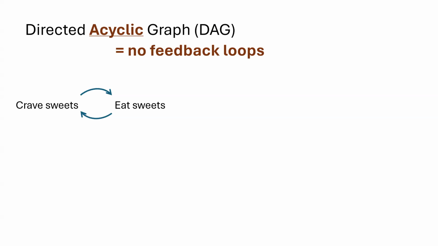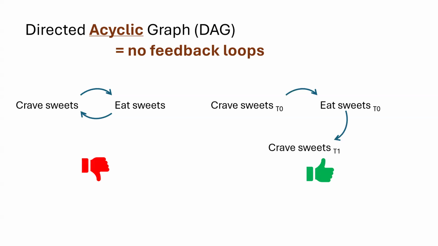But if we have this sort of feedback loop in a system, we could model it in an acyclic way by separating out one of these into another time step. So craving sweets at time zero and eating sweets at time zero influences whether you crave sweets at time one. And this we can model with some kind of time series, but these have to become separate variables.